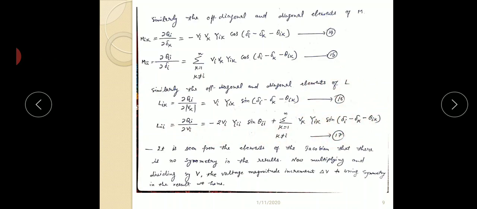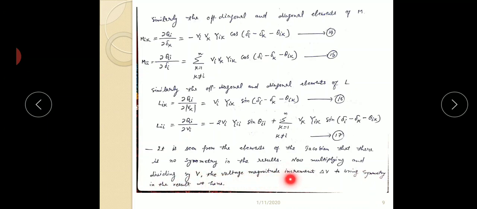It is seen from the elements of the Jacobian that there is no symmetry in the results. So multiplying and dividing by V, the voltage magnitude increment delta V, to bring symmetry in the result.